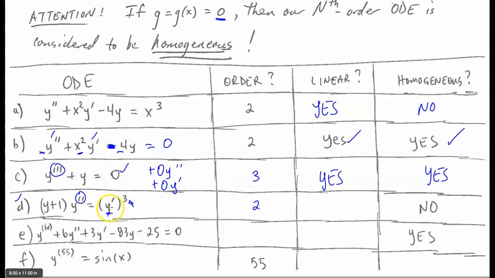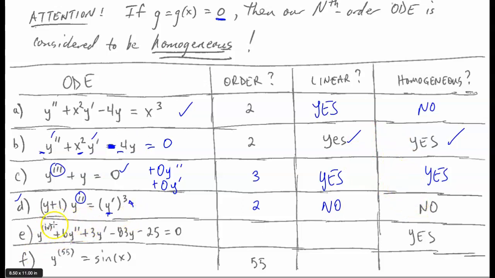Because we have, let's say, the first derivative of y being raised to some power, we can't write it into a form like this one. So this would definitely not be linear. And then, of course, our equation here is not going to be equal to 0. I mean, we could force it to be that, but it needs to be in this linear form before we start talking about it being homogeneous. So the answer to this would end up being no.